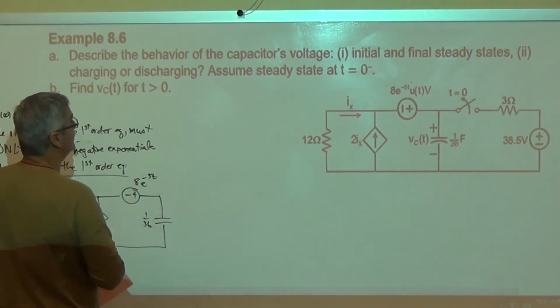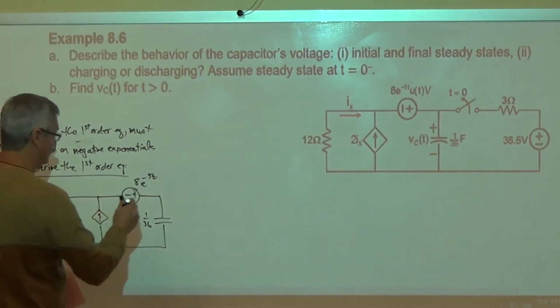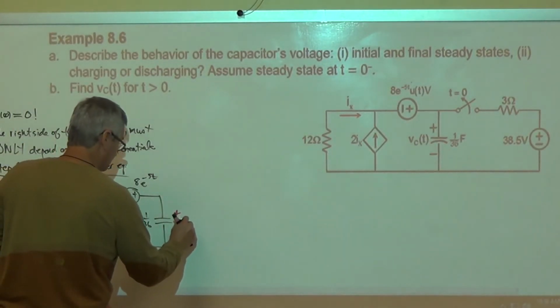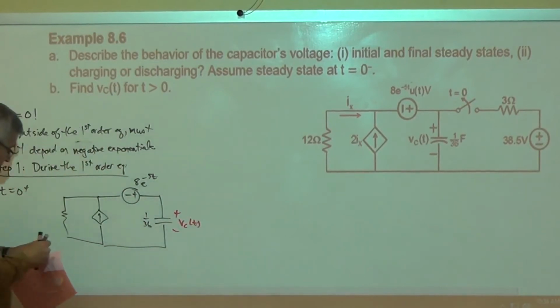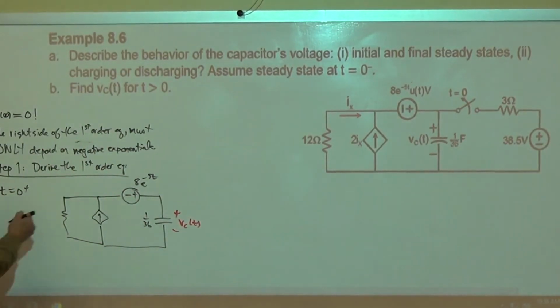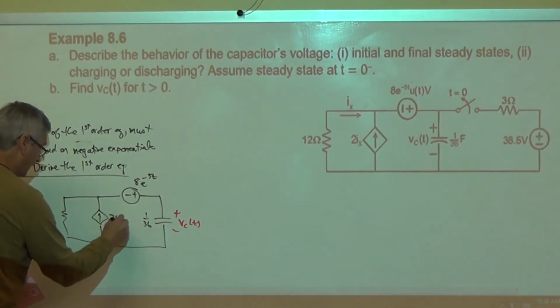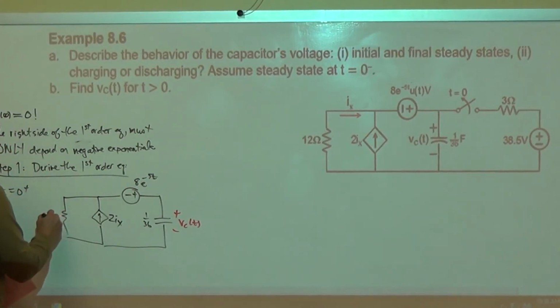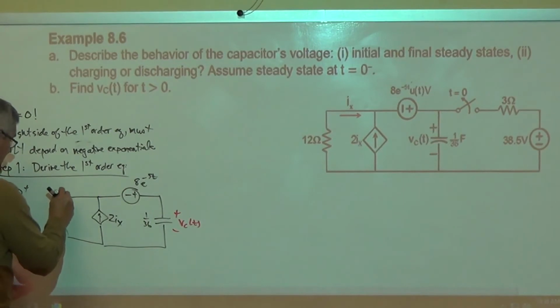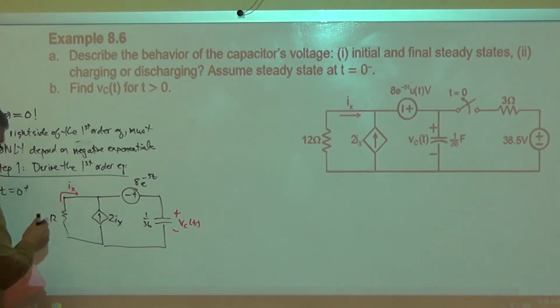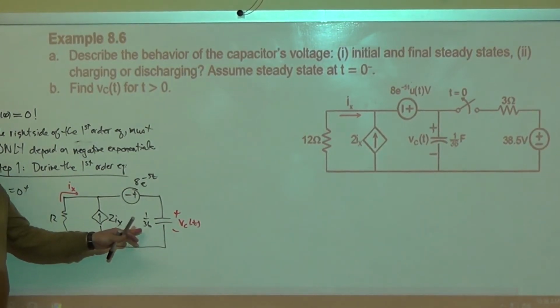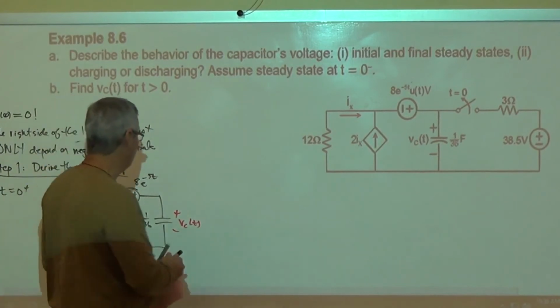We're interested in solving for what? DC. We can see here that this guy's 2ix. We see that this guy's 12. And we know that ix is in this direction right here. So the only way I can get the voltage is to do a KVL loop. So I'm going to apply a KVL loop.